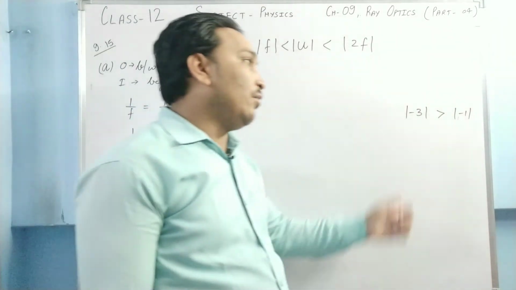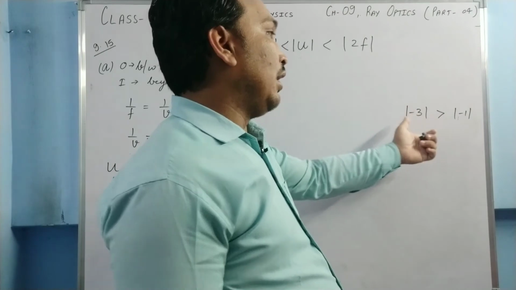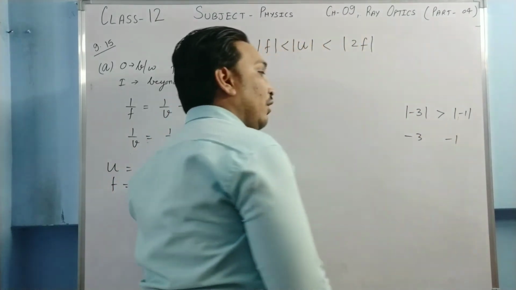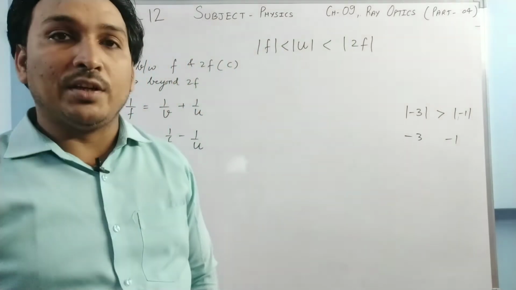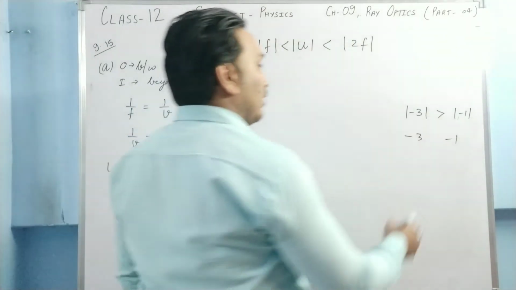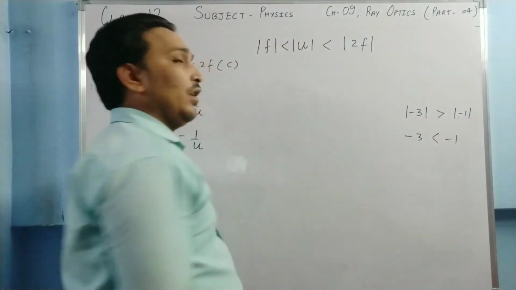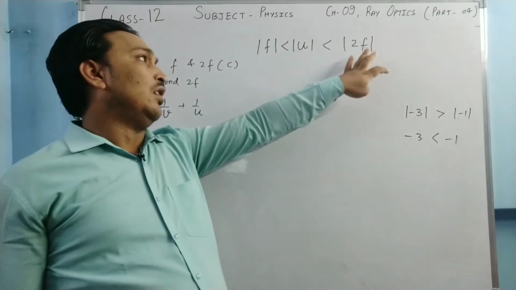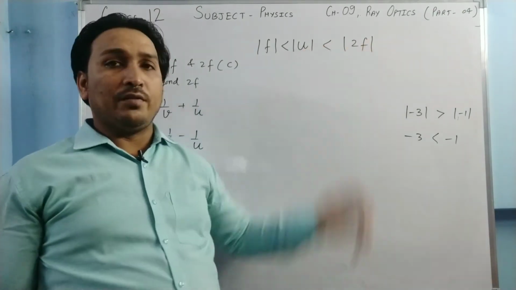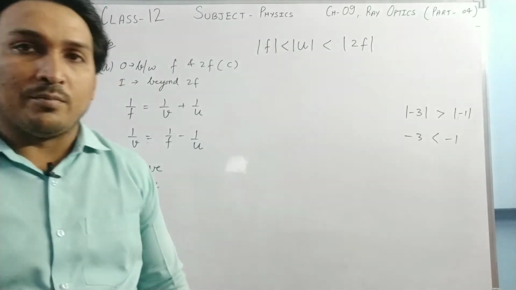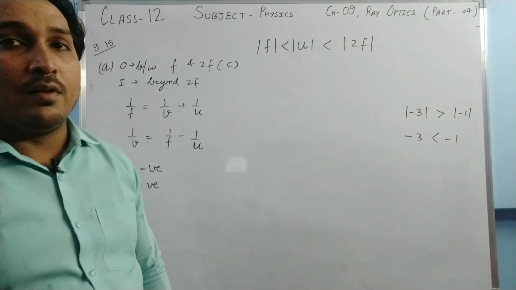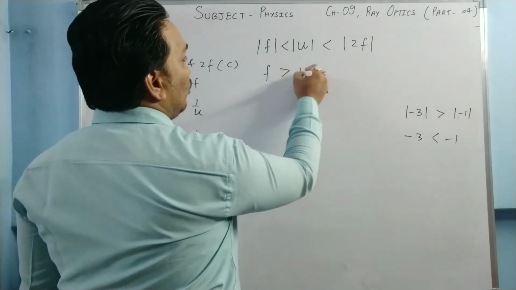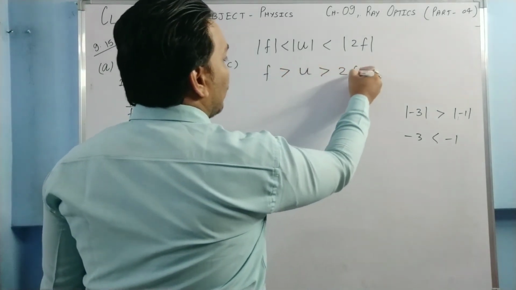Now if I remove this magnitude and write the inequality, which is greater, minus 3 or minus 1? Obviously minus 1 is greater. Same thing will happen over here. 2f is negative, u is negative, f is negative. So when I remove that magnitude sign, I have to write f is greater than u is greater than 2f.